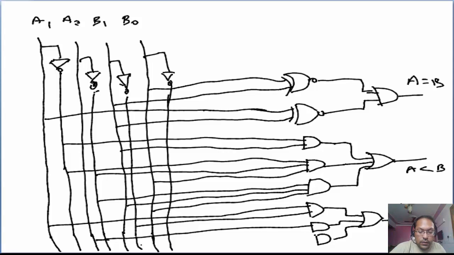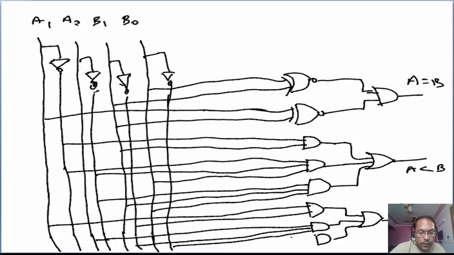Okay, B1 bar, and B0 bar. Fine. And the third term is B0 bar.